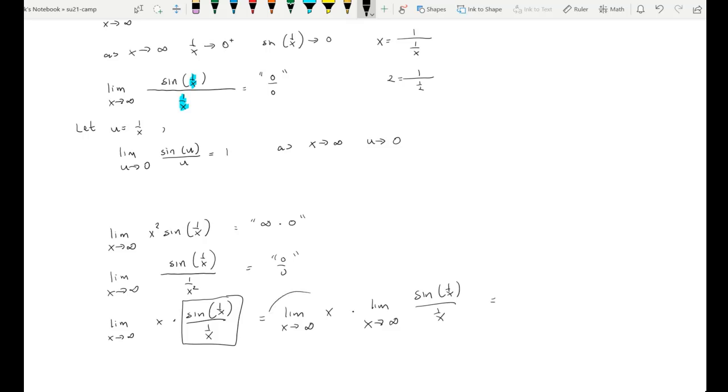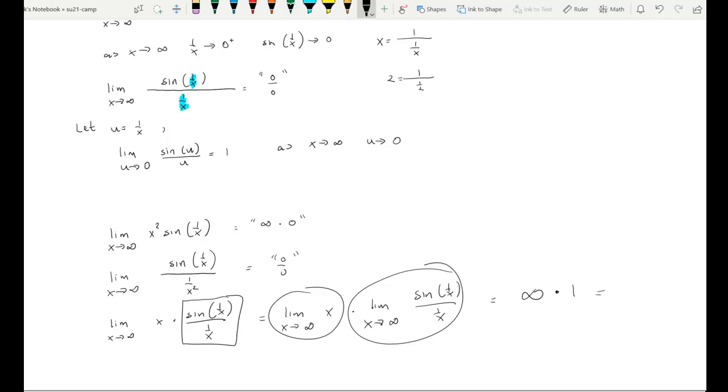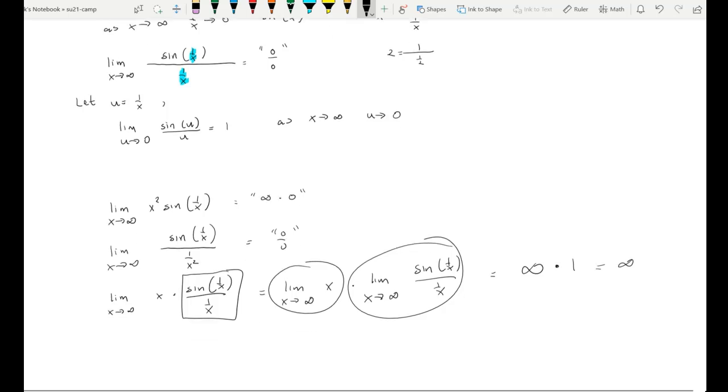And so we know that x will go to infinity, and this is our special trig limit. So you get 1. And what's infinity times 1, do you think? Yeah, that's infinity, right? What's 2 times infinity? It's infinity. Okay.